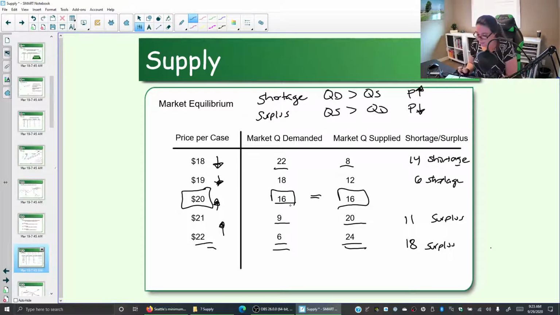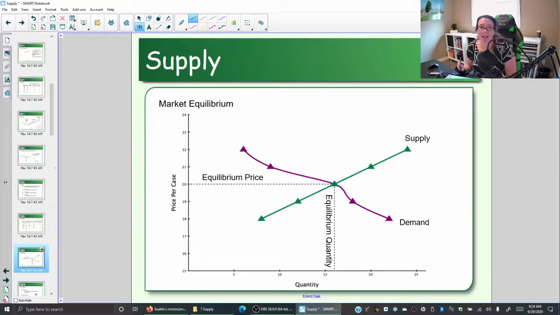So at equilibrium, where quantity demanded equals quantity supplied, there's no incentive for the price to change. We can see that here on this graph. So we can graph that same table of information, and we see that where the demand curve and the supply curve intersect is at that 16 units. So our quantity sold, or equilibrium quantity, is 16.